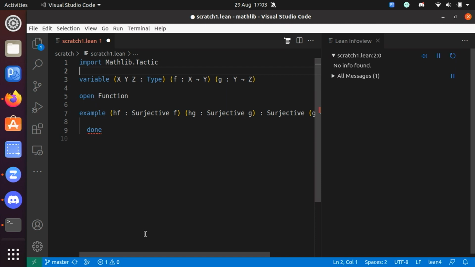And then we import a large amount of stuff, and after that import, the system now knows all about things like groups and rings and fields. So now suddenly this thing has become knowledgeable about basic mathematical objects. And this second line here says, let x, y, and z be sets, and let f and g be functions. And it doesn't say sets, it says types, and that's because this is a foundational issue.